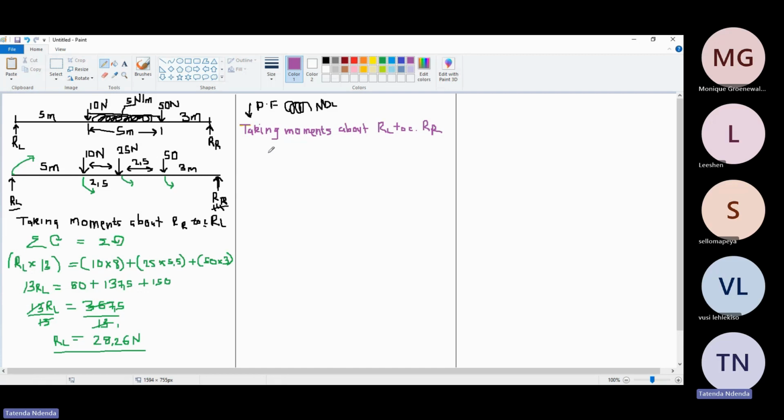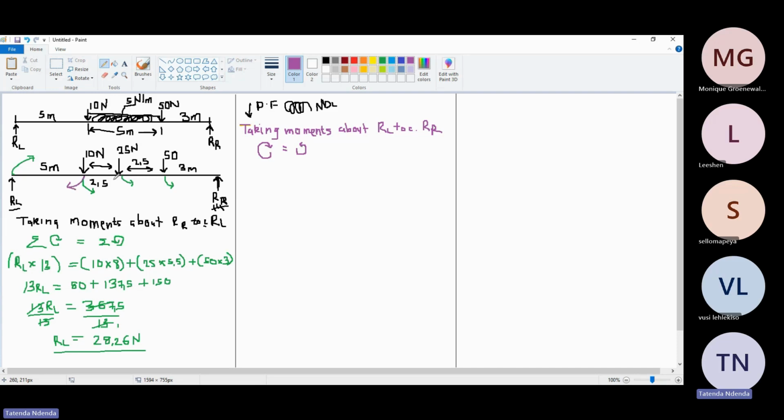So now our clockwise moments are equivalent to the anti-clockwise moments, like this, right? So everything is now coming to RL.